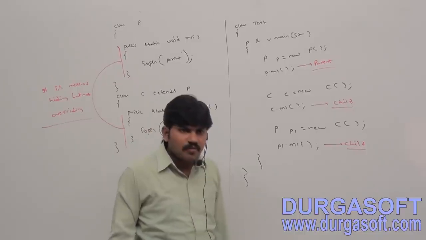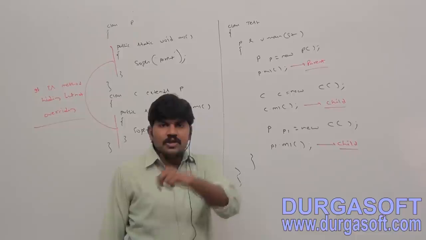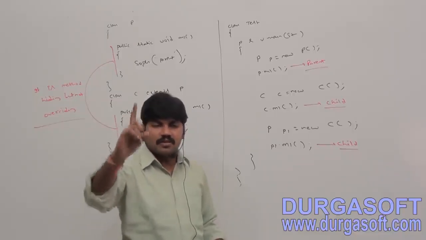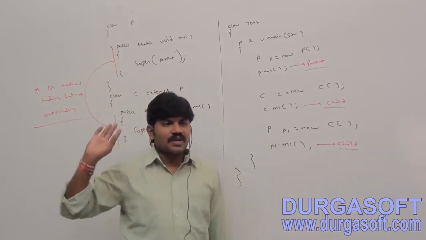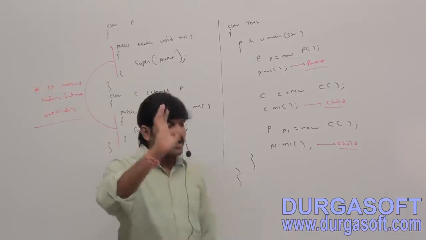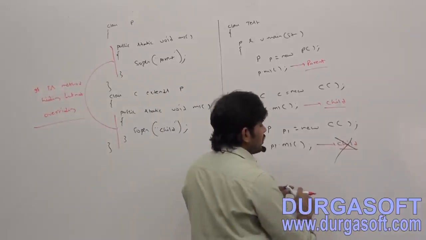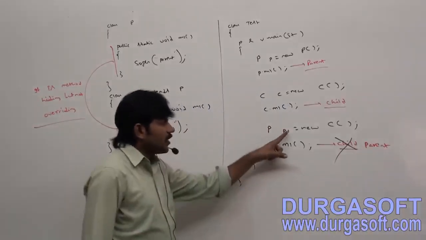But is it overriding or method hiding? Method hiding. In method hiding, method resolution is always taken care of by the compiler based on the reference type. The runtime object won't play any role. That's why it is not child, it is parent. Which reference are we using?